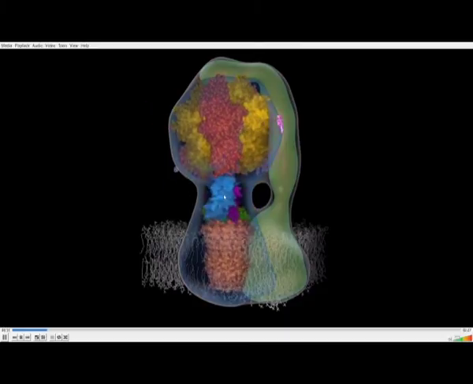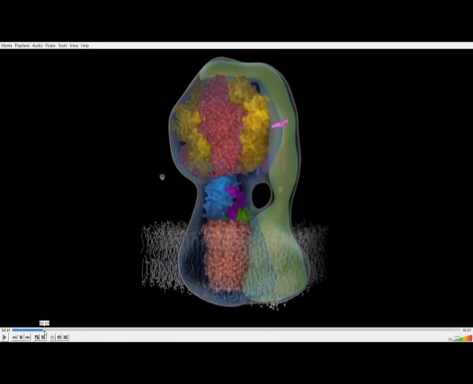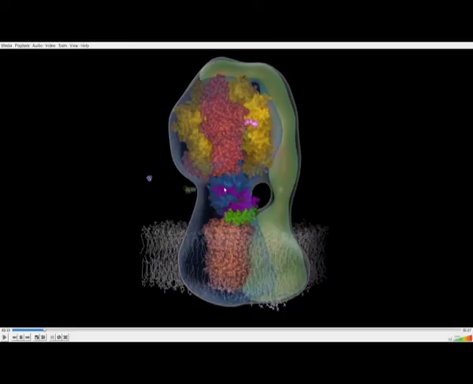What you see here as the cyan or yellow-blue colored protein, and the top portion with the yellow and red proteins, are the alternate arrangement of the alpha and beta subunits.